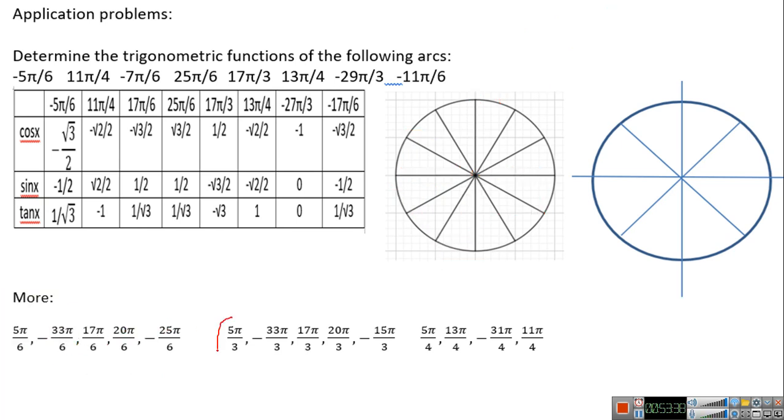If you want to do 5 pi over 3, it means I have 3, 6, 9, 10. So the cosine of angle 5 pi over 3 is half, the smallest one. The sine of 5 pi over 3 is minus radical 3 over 2, because it is the biggest.